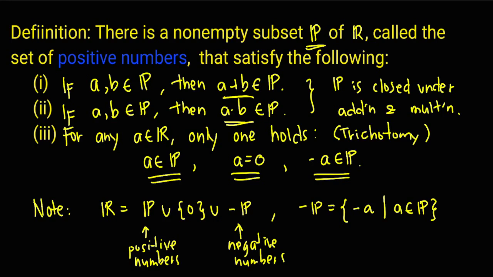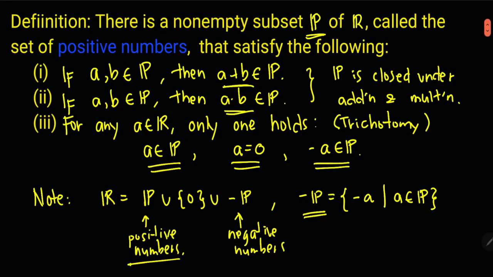Observe that if we collect all real numbers such that the negative of A is positive, and we call that set the negative of P, then the set of real numbers can be partitioned into three disjoint sets: the set of positive numbers P, the set containing 0, and the set of negative numbers, negative P. Again, this is a partition, meaning they are pairwise disjoint, and if you take the union, you get the whole set of real numbers.